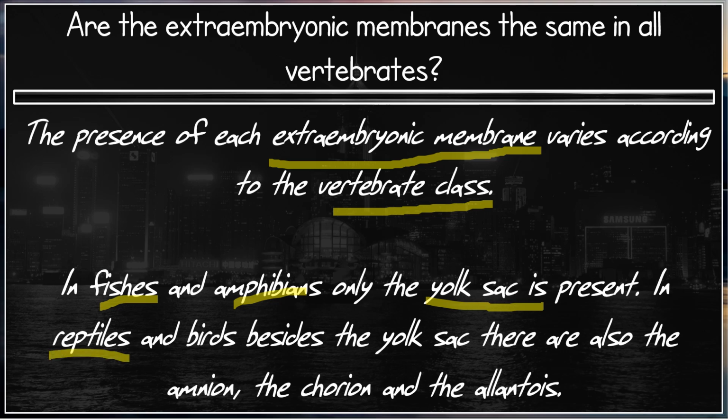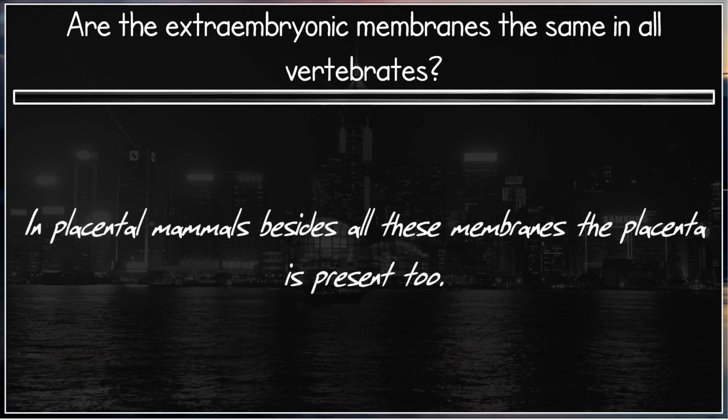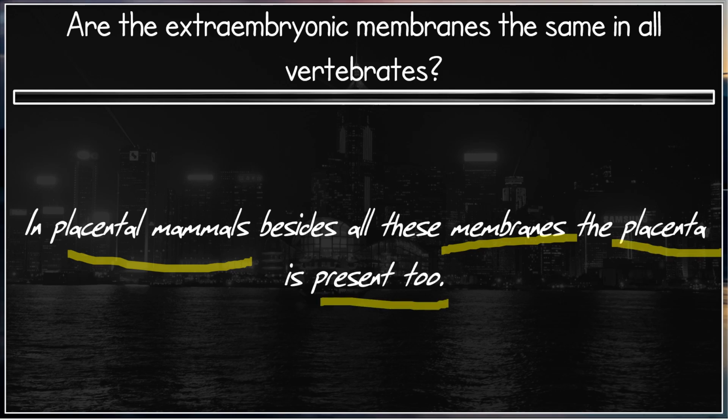In reptiles and birds, besides the yolk sac, there are also the amnion, chorion, and allantois. In the placental mammals, besides all these embryo membranes, the placenta is present too.